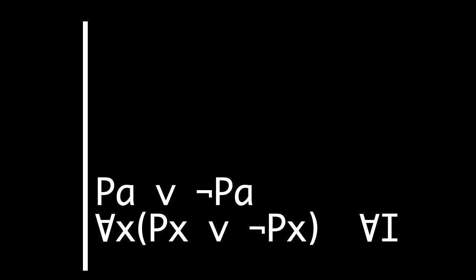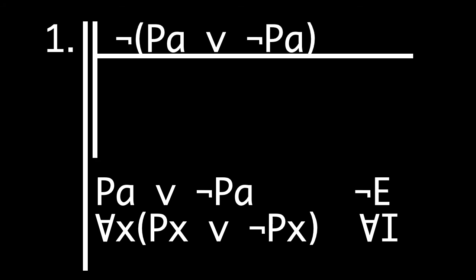Also, since we're proving a theorem, we'll need to start a subproof at some point. Since PA or not PA isn't a conditional or a biconditional, it's natural to look to the negation rules. We can assume the negation of what we want. We assume not, parenthesis, PA or not PA, close parenthesis.